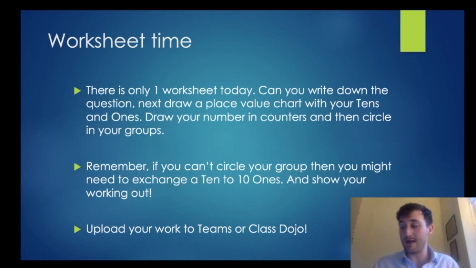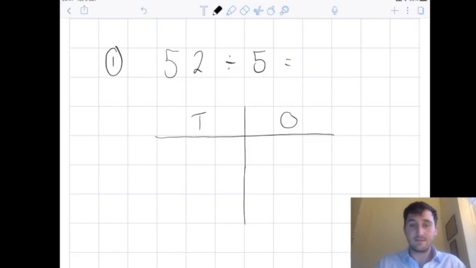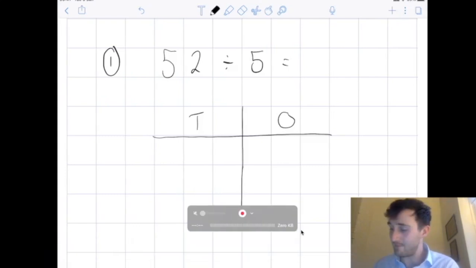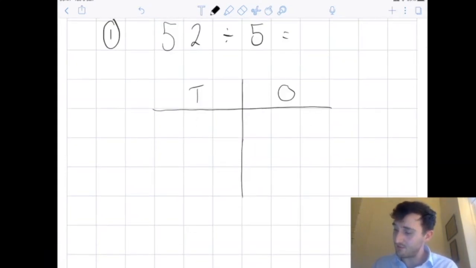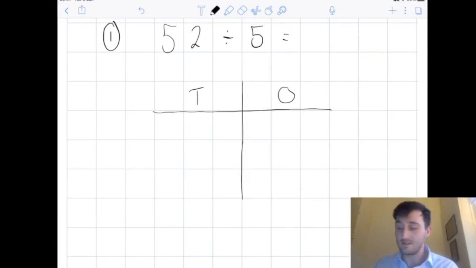Guys, I'm going to show you on my iPad exactly how I want you to set it out, because some of you did it brilliantly, but others just need a little bit of work just so that we're all clear and you can get going. So, on my iPad, I've got 52 divided by 5. So again, straight away I'm going to represent my 5 10s.